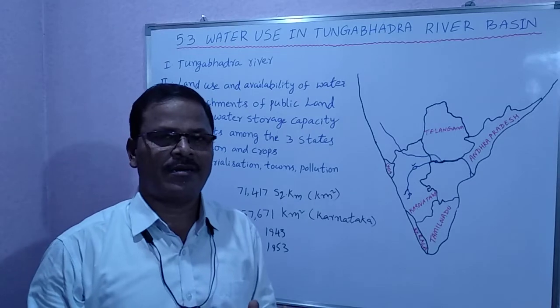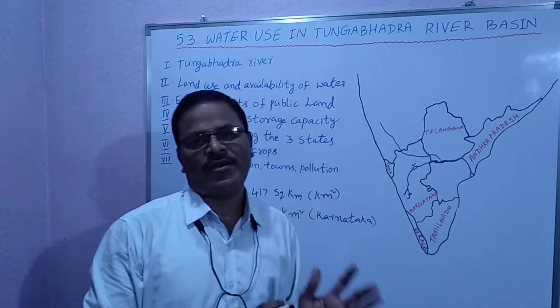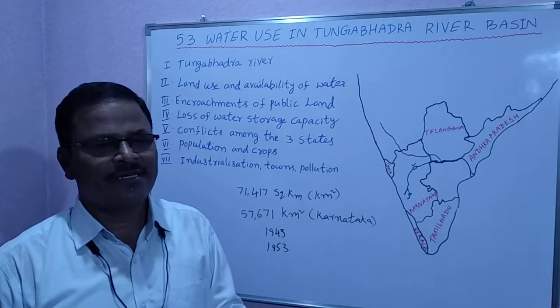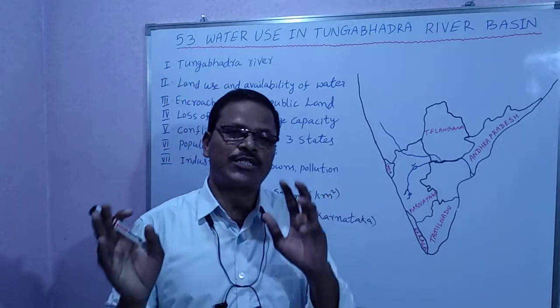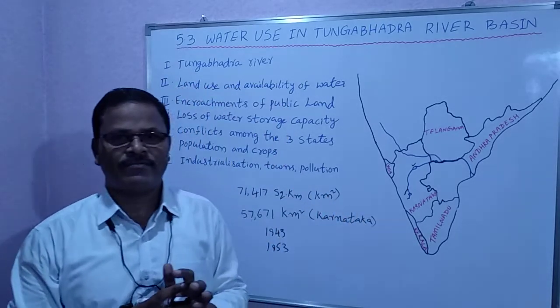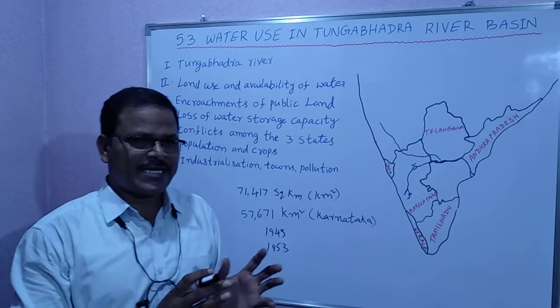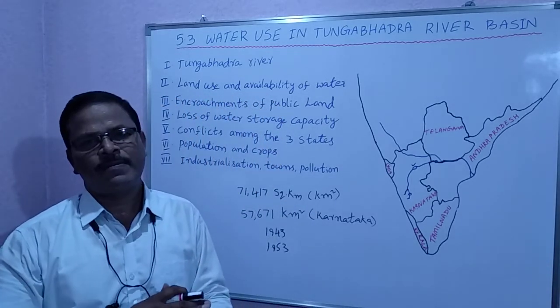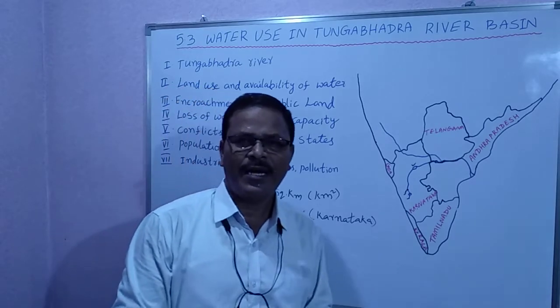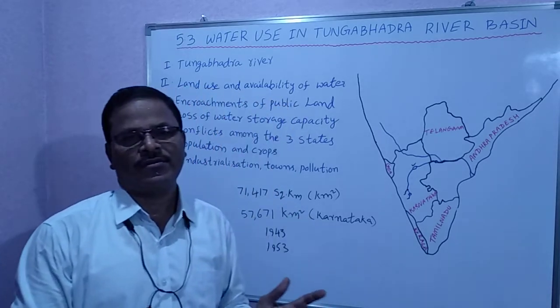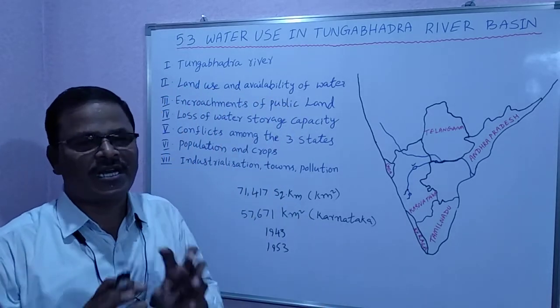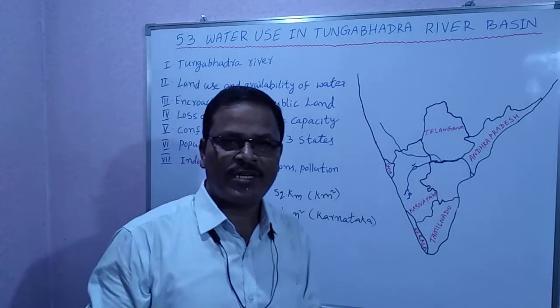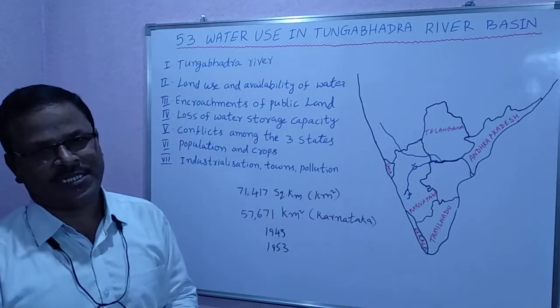Some regions are depending on rainfall and groundwater. The land which has irrigation facilities and the land which is depending on borewells, that means groundwater, and rainfall. There is a lot of difference in the availability of water between these two regions.